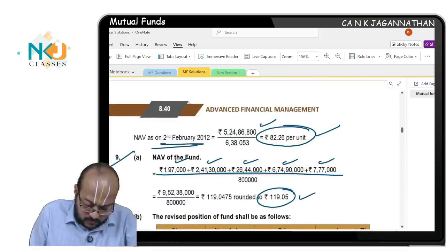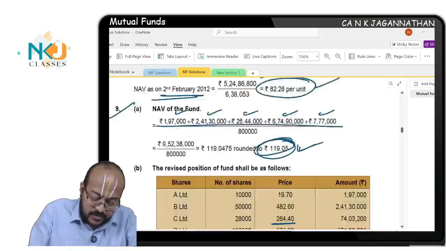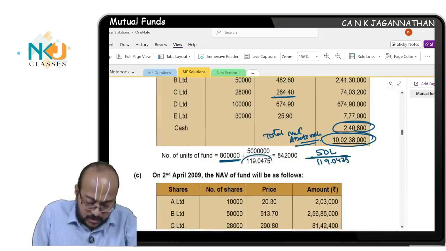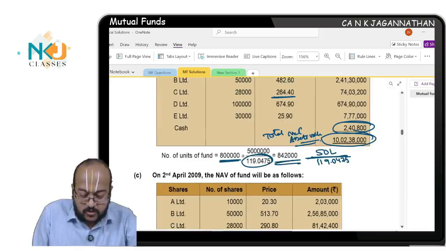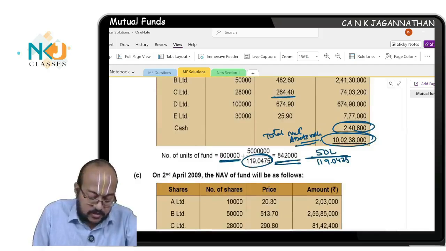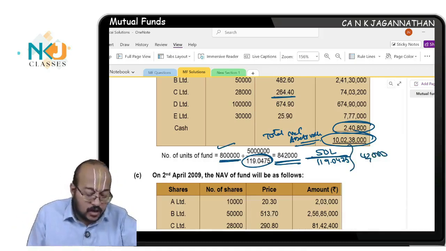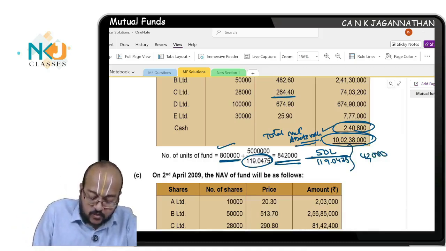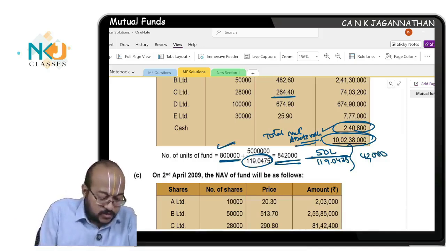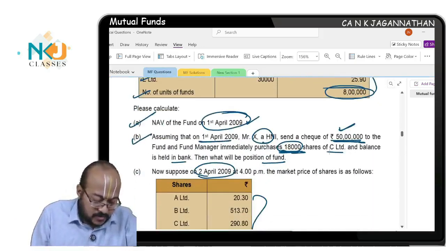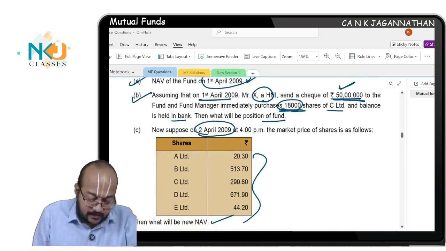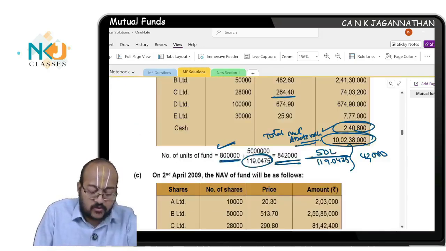This NAV, if you divide it, you will get the amount, 42,000. This you will get as 42,000, and this one 8 lakhs plus 42,000 total units outstanding. So which means this is the total NAV. This is the total units outstanding. Come to C part. In C part, what they are asking, 2nd April, this is the revised position. What will be the new NAV?